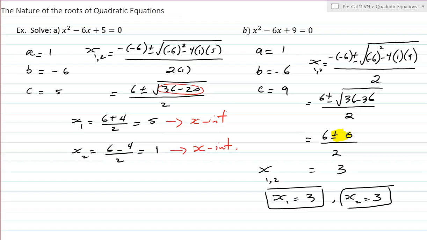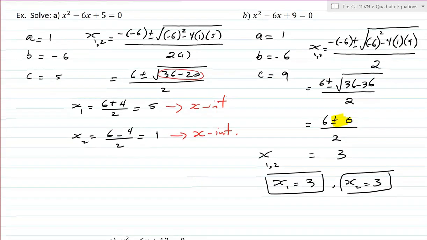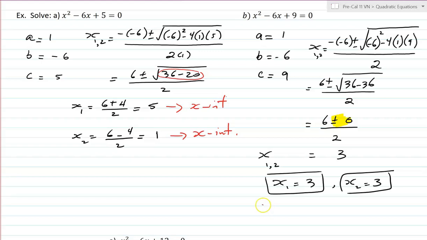Okay, same thing. So in this case, what it means is that if this was a function, when you graph it, the parabola, the graph of this quadratic function, only touches the x-axis at x equals 3. That's your x-intercept. So it has only one x-intercept, only one root.